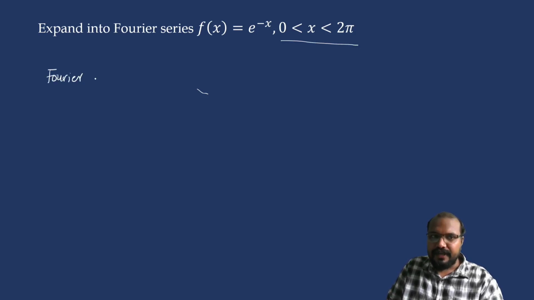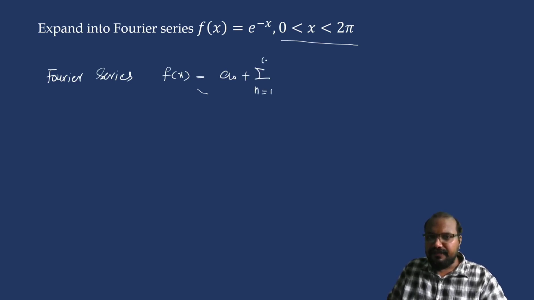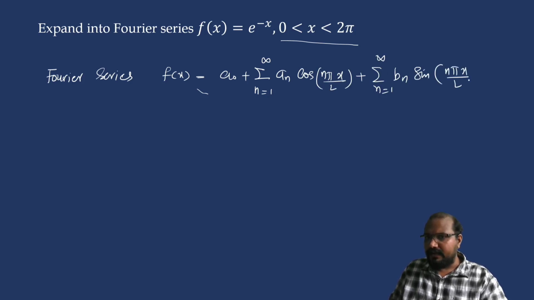We can write the Fourier series f of x is equal to a naught plus sigma n from 1 to infinity a n cos n pi x by l plus sigma n from 1 to infinity bn sine n pi x by l, where we can find the coefficients.